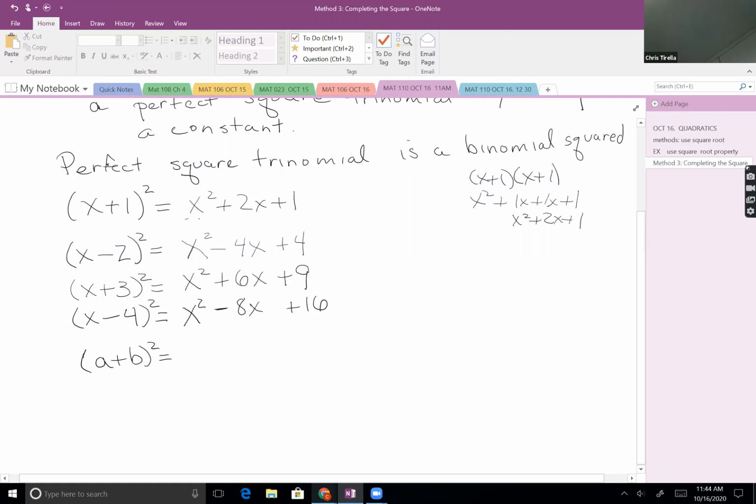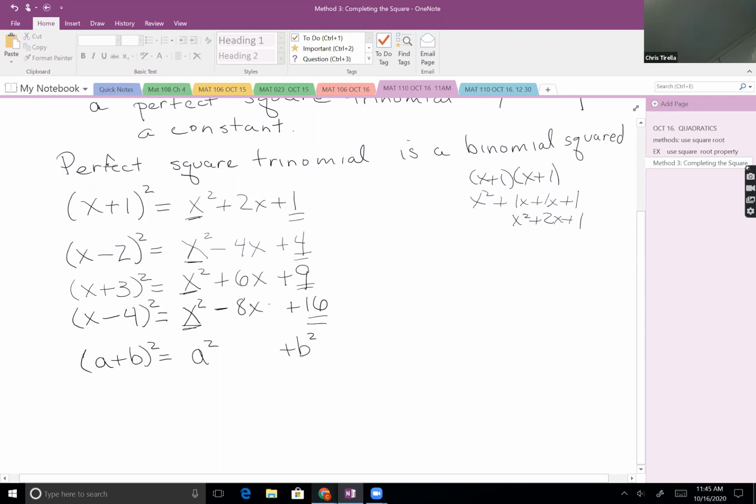Is everybody all right that all of them, the very first term is the first term squared? Does everybody notice the very last term is the last term squared? And so now we have to figure out what's going on with these middle terms.